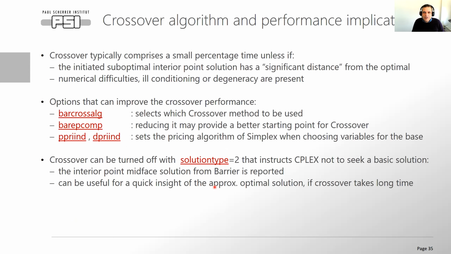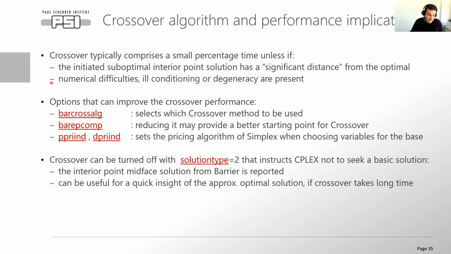So, the crossover algorithm and some performance implications. The crossover typically comprises a small percentage of our solution time, unless it is initiated at a suboptimal interior point solution, which has a significant distance from the optimal. We saw this example just before.